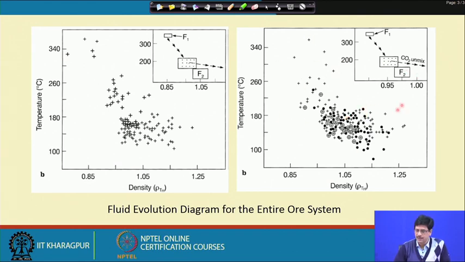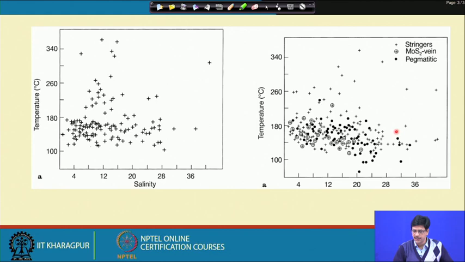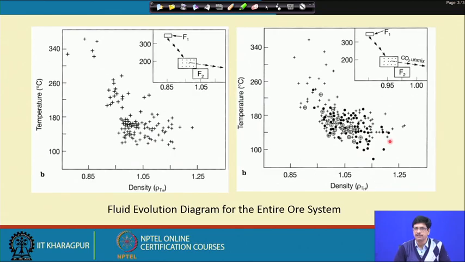What actually is possible is that, if this is the F2 and this is F1 and this is the mixing line, and this box would represent the maximum in the deposition of the host mineral quartz along with the sulphides, then if we go to the salinity diagram also, it will be more clear that we have a further increase in the salinity after the mixing of this particular fluid.